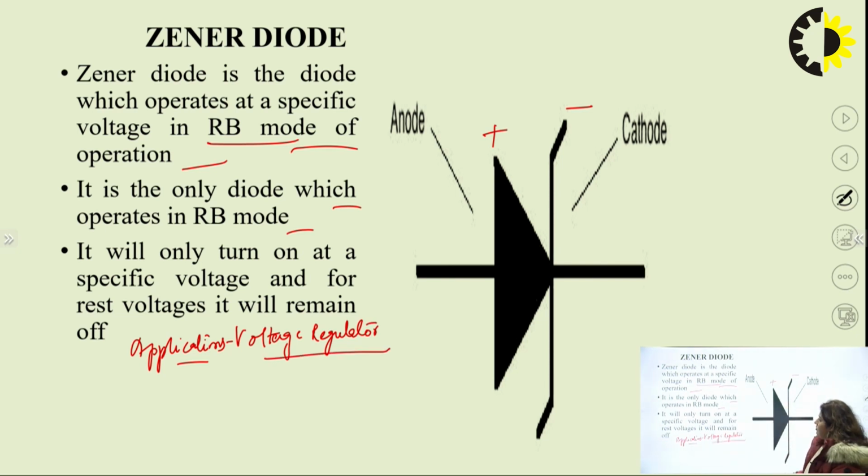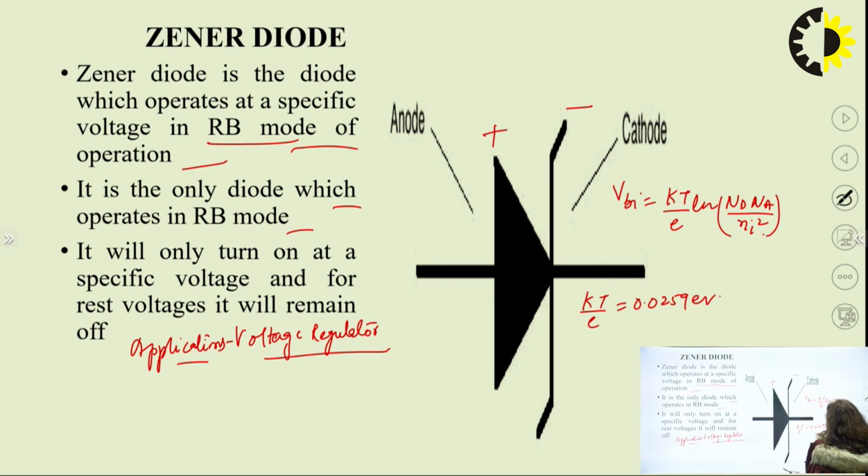So next, we have already discussed the built-in potential, which is VBI, for both the PN junction and the Zener diode. For the forward biasing condition, VBI is equivalent to kT by e ln(ND NA upon ni square). Here kT by e is equivalent to 0.0259 electron volt.